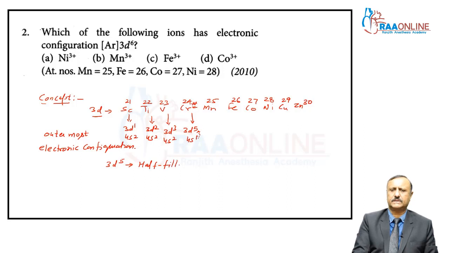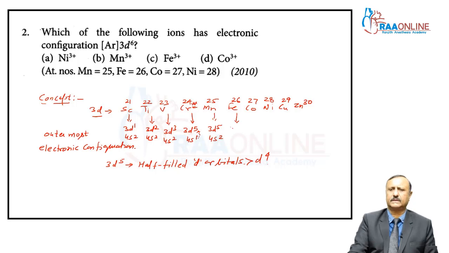And my dear students, this half filled d orbital is more stable than d4. So you can see here 3d5 4s1 is present, and in manganese 3d5 4s2 is present.